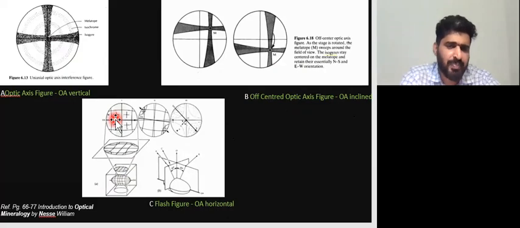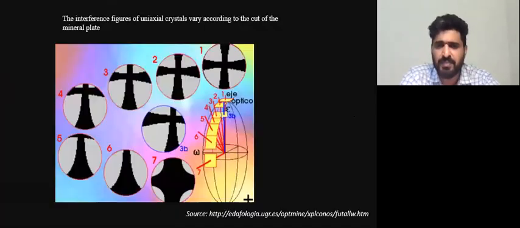So as we started, we have said the interference figure is a reflection of how you actually cut the mineral. It's going to be more clear in the next slide. We can see that if you have cut a mineral section like this, the cut is perpendicular to the optic axis. This is how you are actually cutting it. You will be getting a centered optic axis figure.